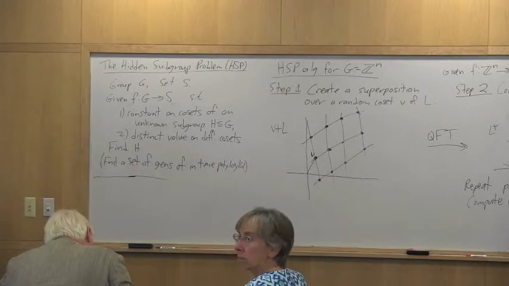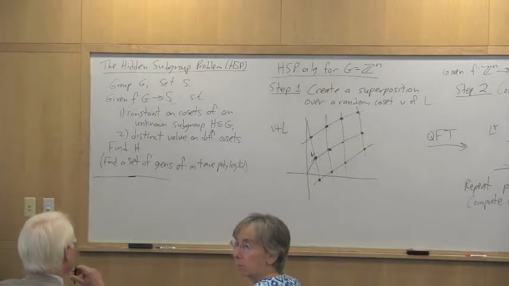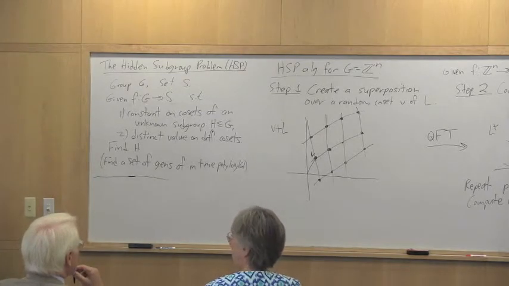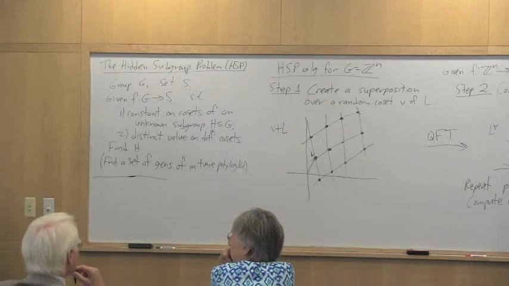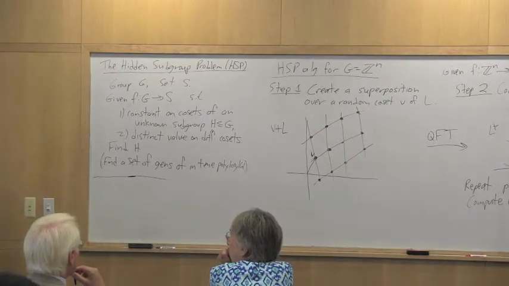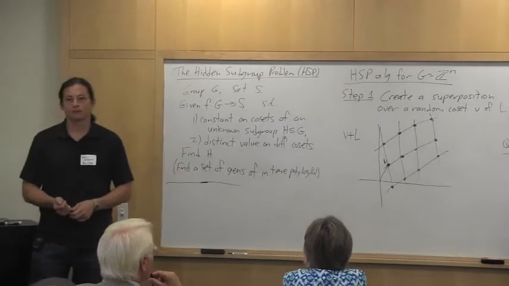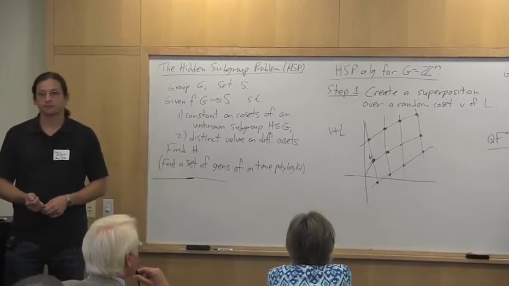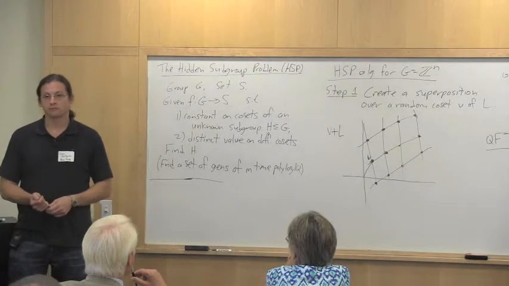Yeah. Just to make it a complete example, say there is a lattice that you don't know, and you have some oracle that tells you how far you are from the lattice, the distance. This function is constant on lattice cosets. So you're still at the same distance. So using this, you can recover the lattice.